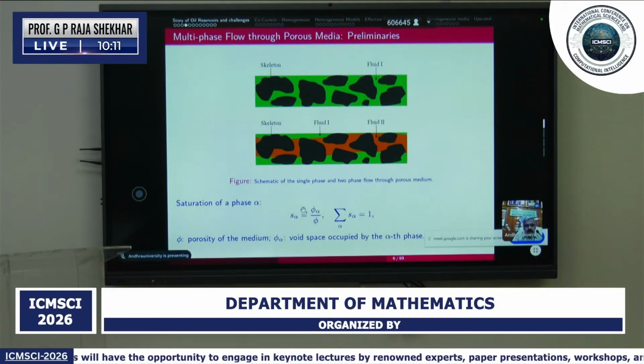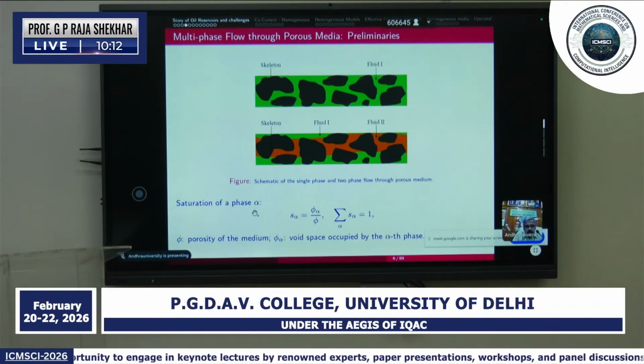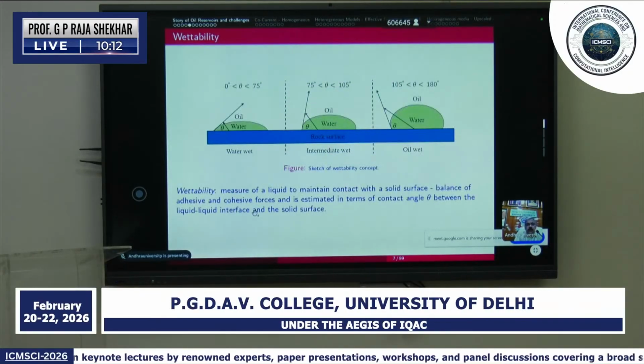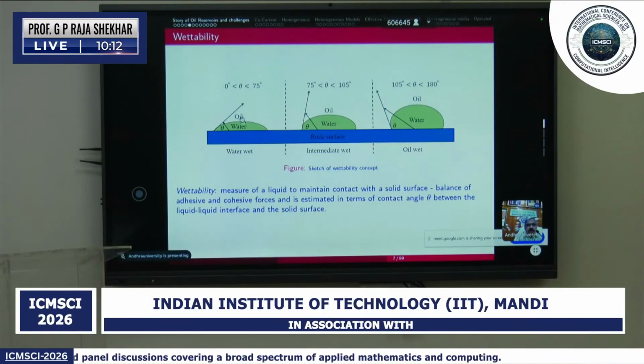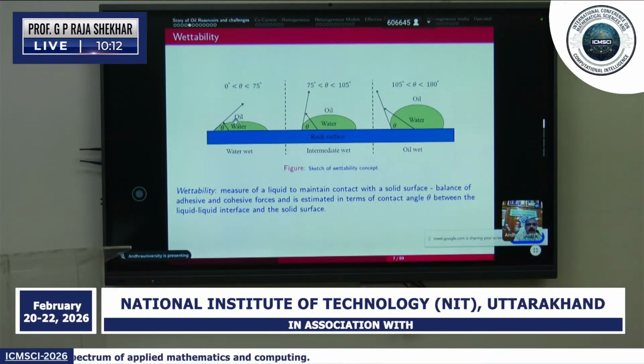And this is the relative phase saturation. Then another important thing is called wettability. Since the oil is sitting on the rocks, if there is water and the contact angle is less than 90, then it is called water wet.